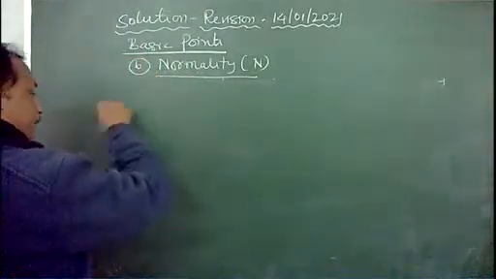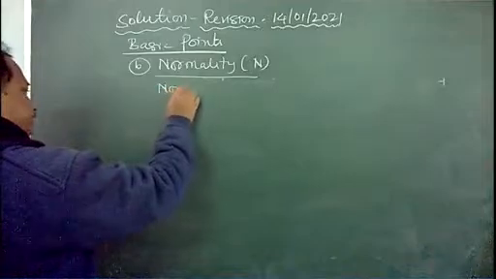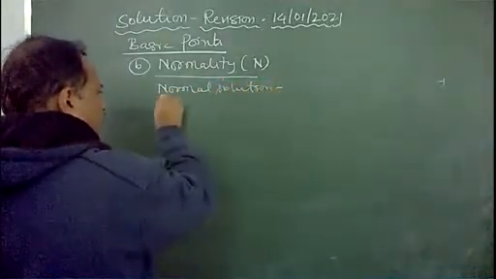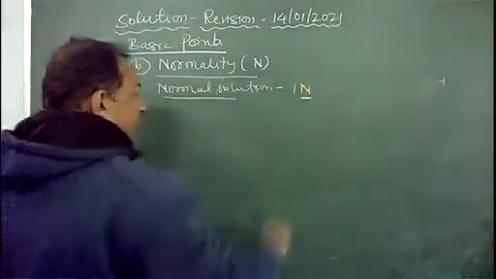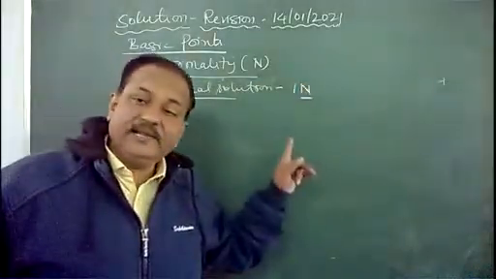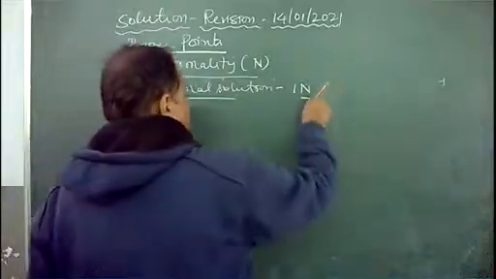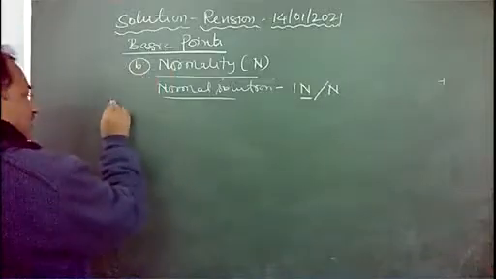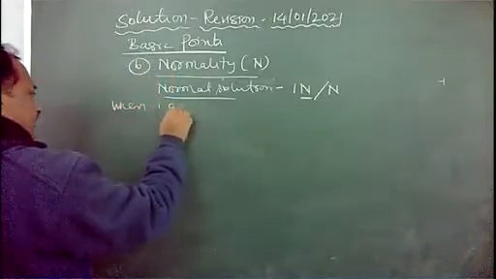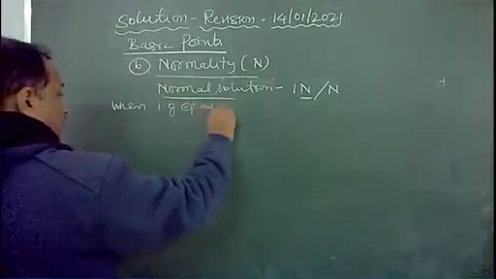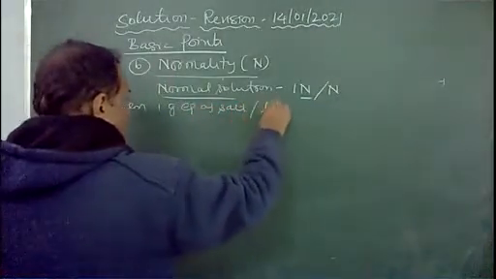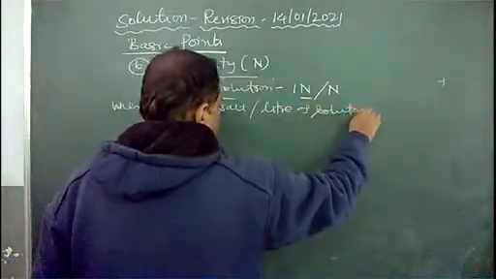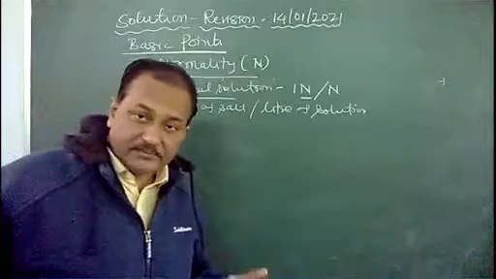A normal solution is represented by 1N or simply N. When 1 gram equivalent of solute is present per liter of solution, it is a normal solution.